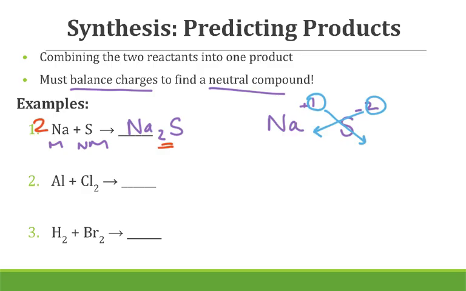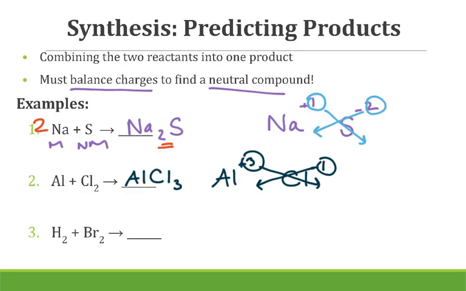Al plus Cl2, now we have aluminum, and it's going to join in a compound with chlorine. Aluminum has a +3 charge, using my periodic table. Chlorine has a -1 charge, doing our drop and switch. I'm going to have 1 aluminum and 3 chlorine, so AlCl3.